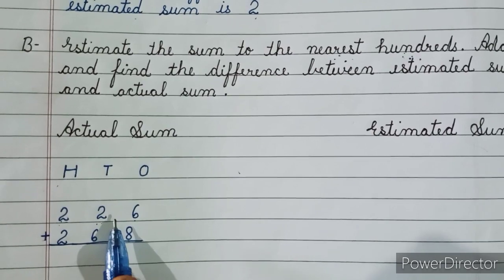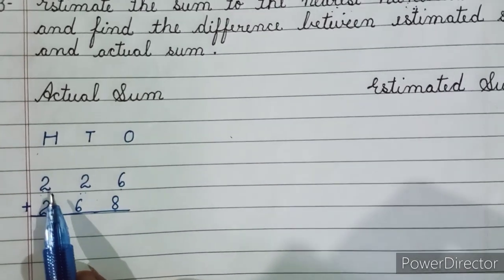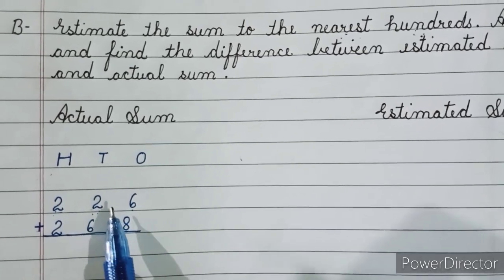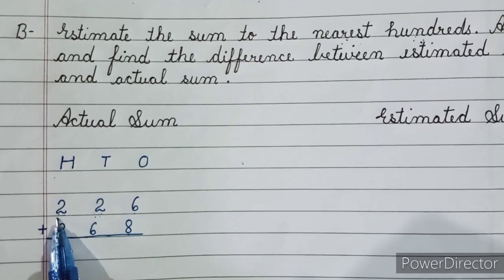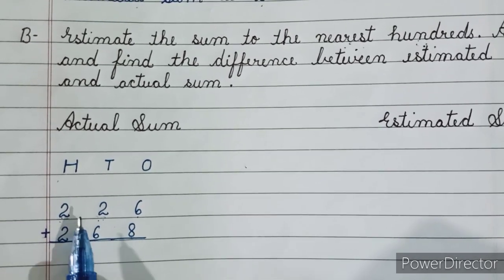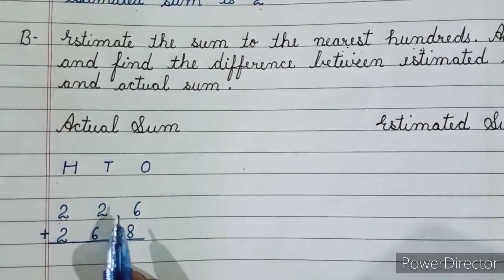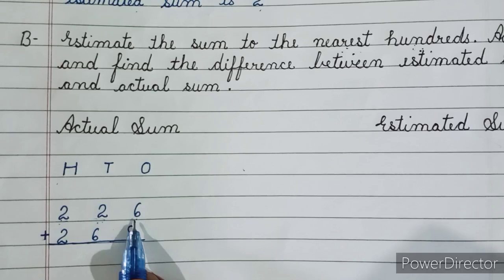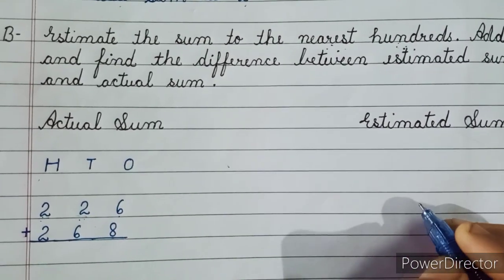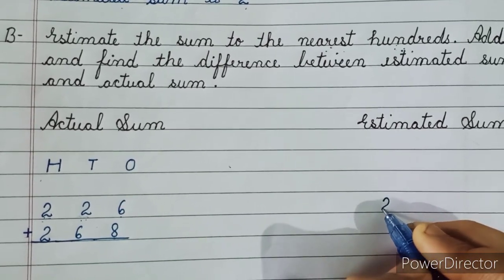Okay children, let's see the question. So here at the tens place is written 2. 2 is less than 5. So at the hundreds place the number will not change. Okay, and the tens place and ones place will be 0. Okay, so 226 is rounded off as 200.